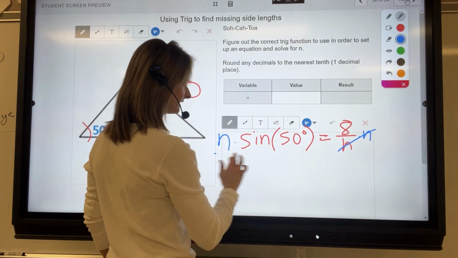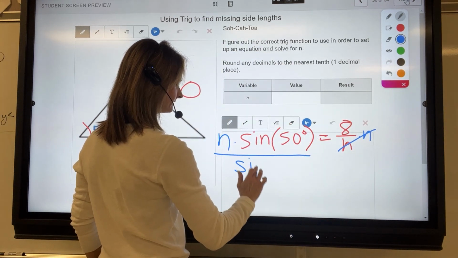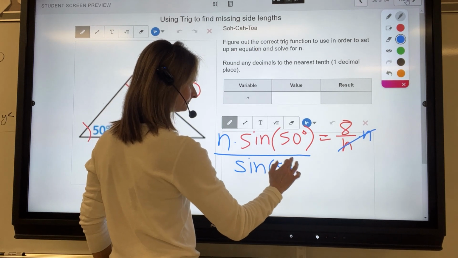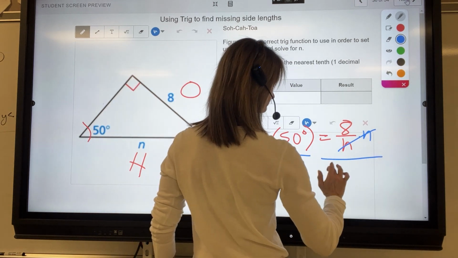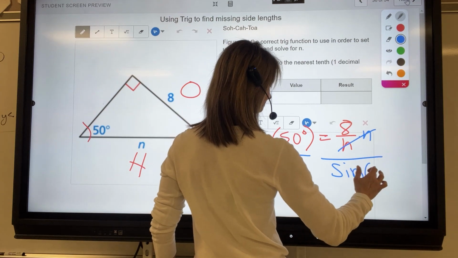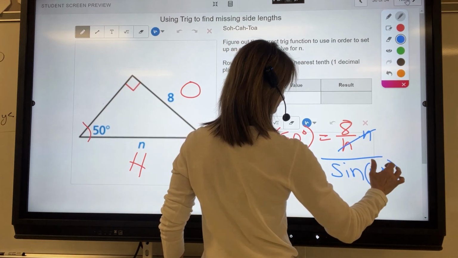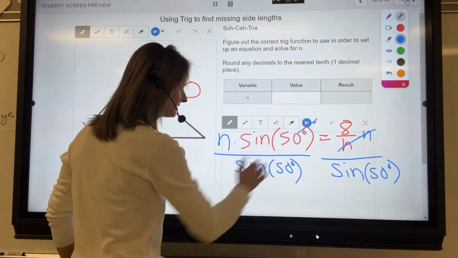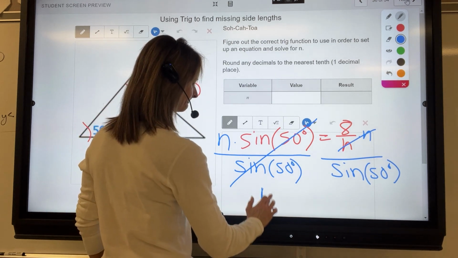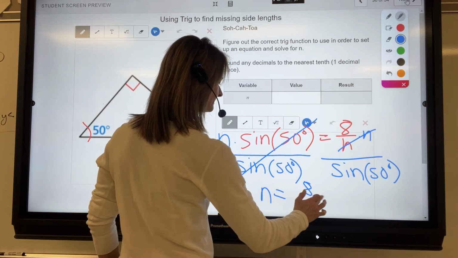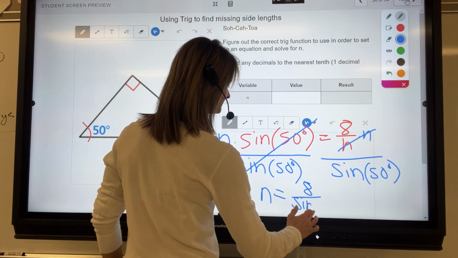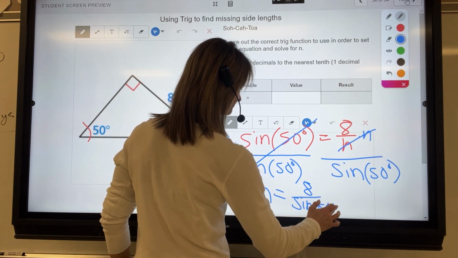I'm gonna divide both sides by sine of 50. And notice we get n equals 8 divided by the sine of 50. You put that in your calculator, you get the answer.